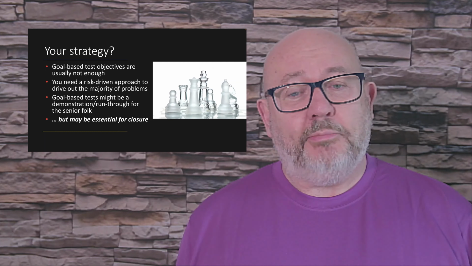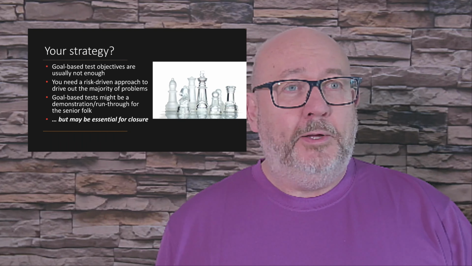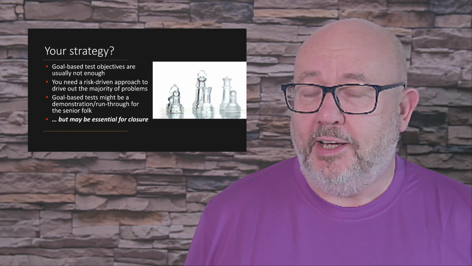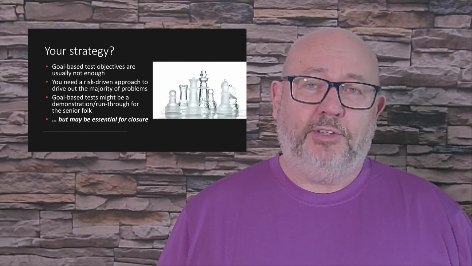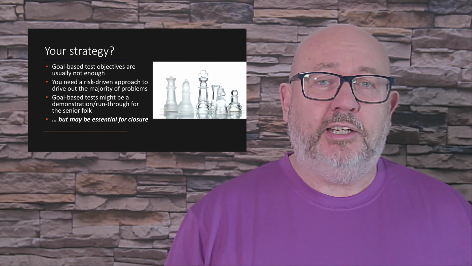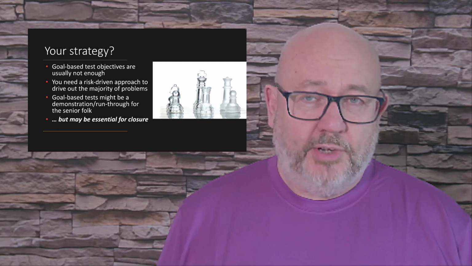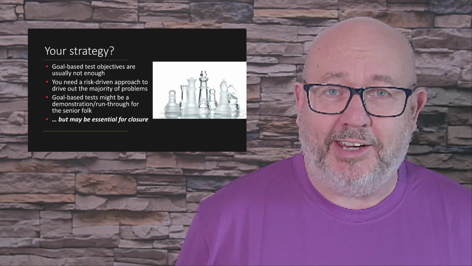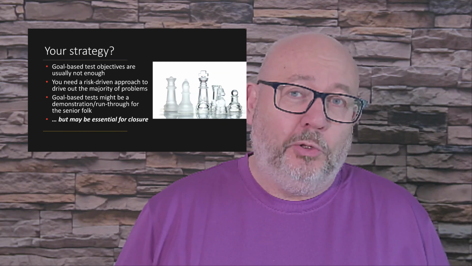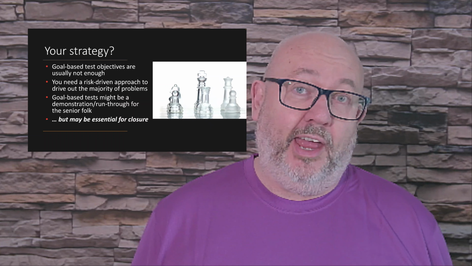The goal-based tests might be a demonstration or even a run view, a bit of a ceremony almost. It could look like that. But for closure of the stakeholders, they need to see these kinds of tests. So our strategy is founded on risk-based, but, if you like, the icing on the cake could be our goal-based tests, our acceptance or demonstration tests at the end of the project.